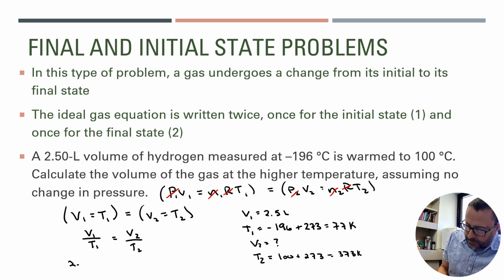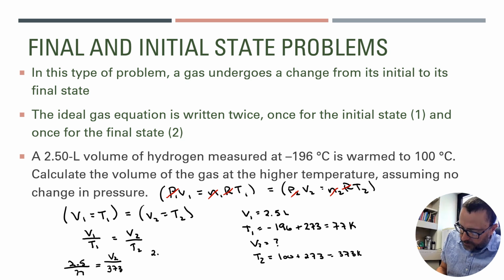All right, so let's plug in now. I have 2.5 divided by 77 is equal to V2 over 373.